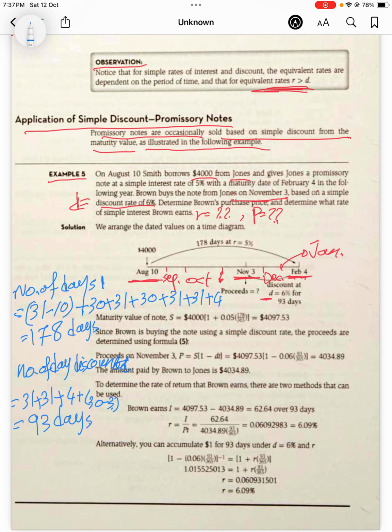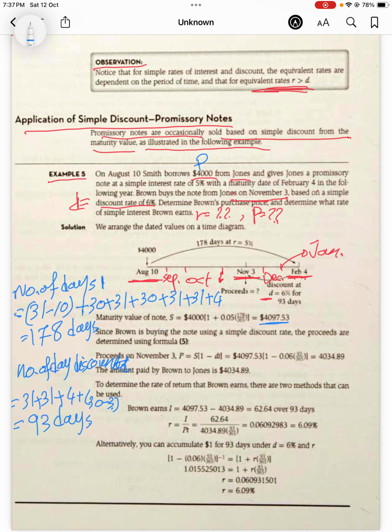Here 93 days. Then return back to calculate. We want the proceeds and we want R. Maturity value of the note, S equals 4,000 multiplied by 1 plus 0.05, which is the simple interest rate, multiplied by 178 over 365.